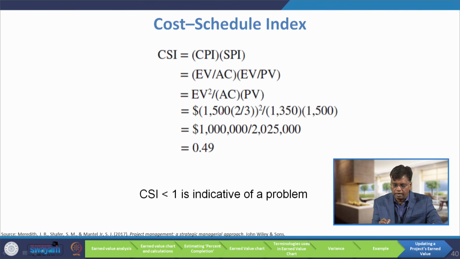When you simplify that, you get EV square upon AC and PV. EV square we know how to find: 1500 times percent complete 2 upon 3, whole square, upon actual cost 1350 and planned value 1500. So we are getting 0.49. If the cost schedule index is less than 1, it is an indication of a problem.